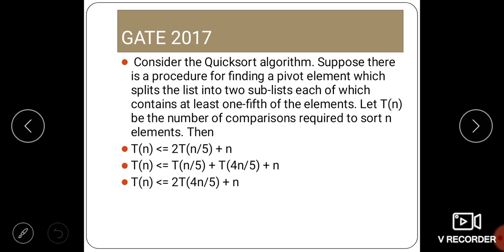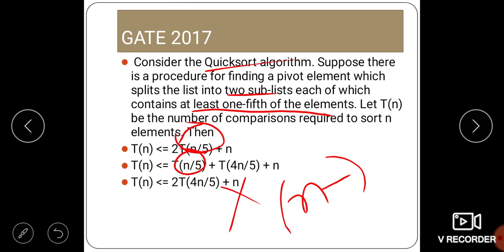So now the next question was asked in GATE 2017. Here it is mentioned that each sublist has at least 1/5 of the elements. So find where 1/5 is there. Here it is 1/5 and here it is 1/5, so this option is eliminated. Now, for quick sort, we know that it takes T(n-1) plus O(n), that is O(n²) recurrence relation.